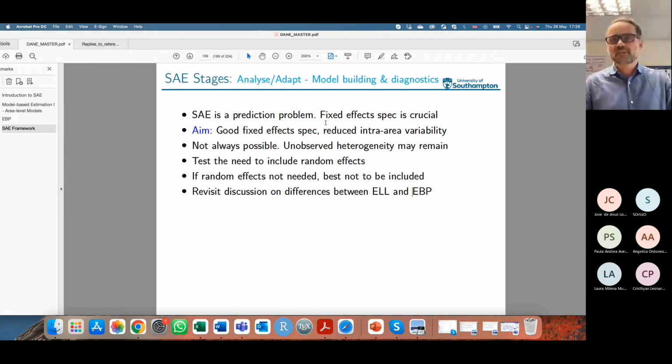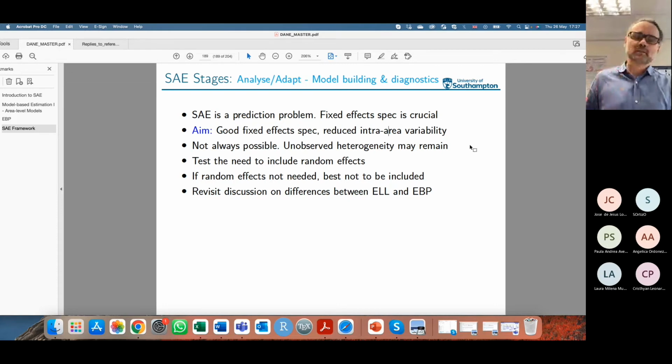So getting the fixed effects specification of the model right is very crucial. I want to have a model that predicts well, so what I include as part of my auxiliary information is very important. So model selection is important. The aim is to have a good fixed effect specification to reduce the unexplained between area variability.